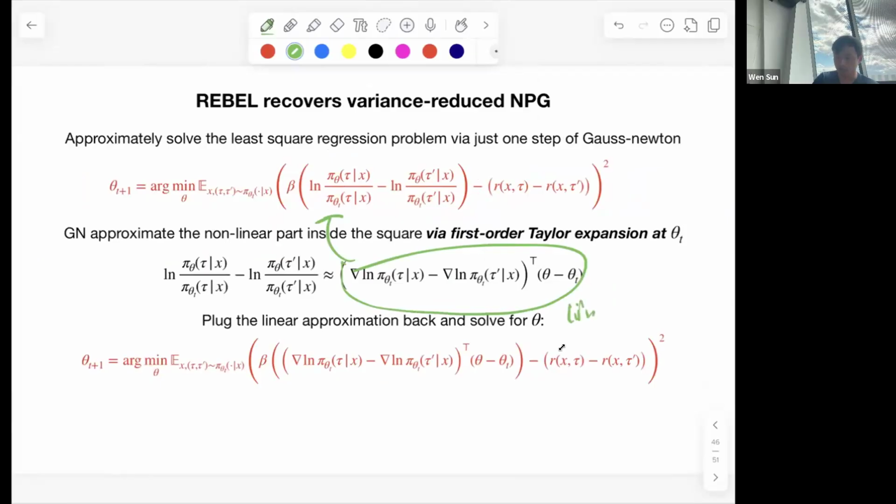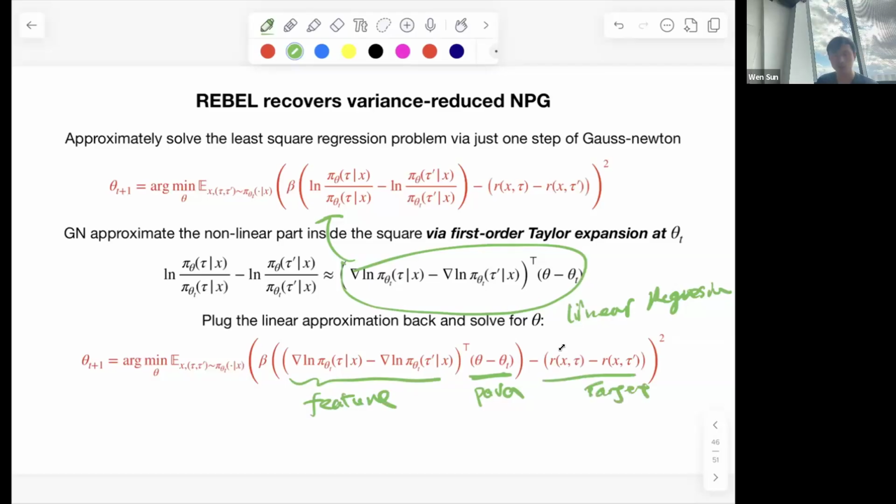So now this is nothing but linear regression, something very simple now. Okay, so this is a parameter, right? And what is this? This is a feature of the linear regression, right? And this is the target of the linear regression, okay? So we're literally just doing linear regression with well-defined features and a well-defined target.